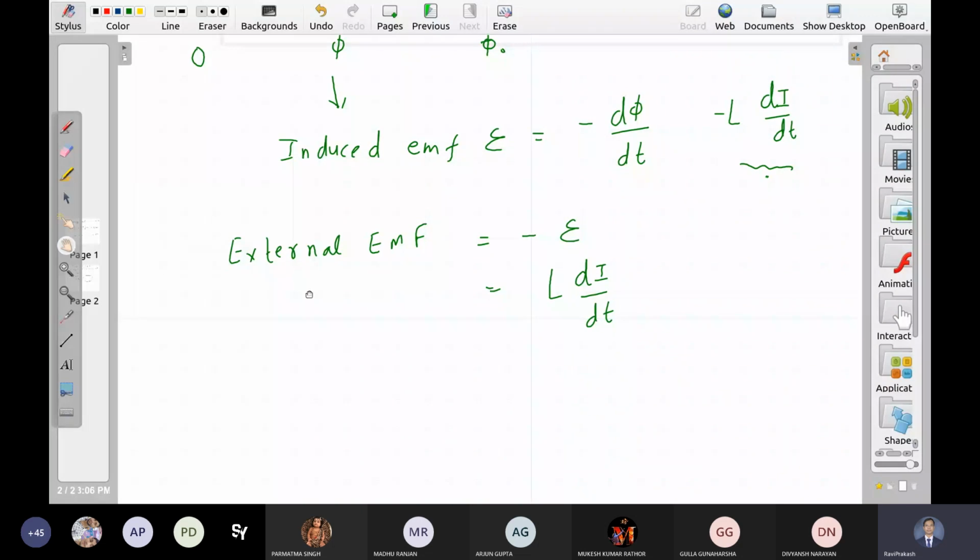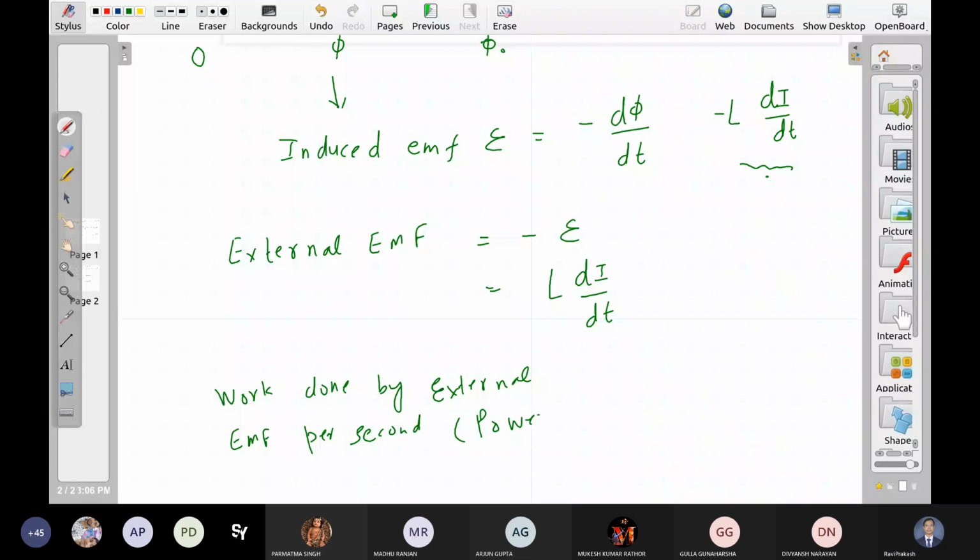How much work does this external EMF do per second? Work per second means this is power. This is how much? V into I. V means this EMF, L di by dt, into whatever is the current. What was the current at that time? I. Right?